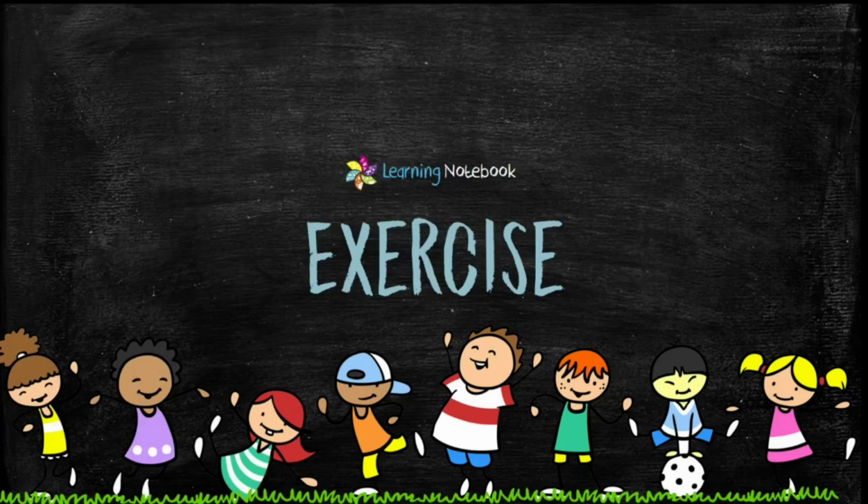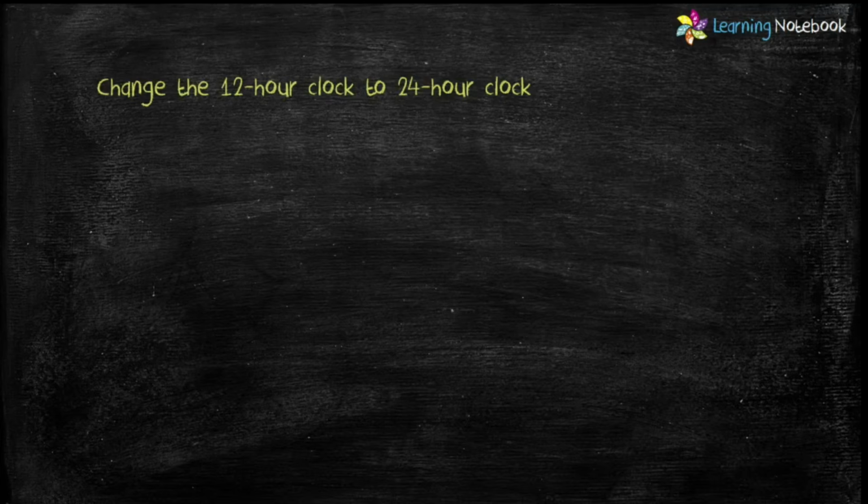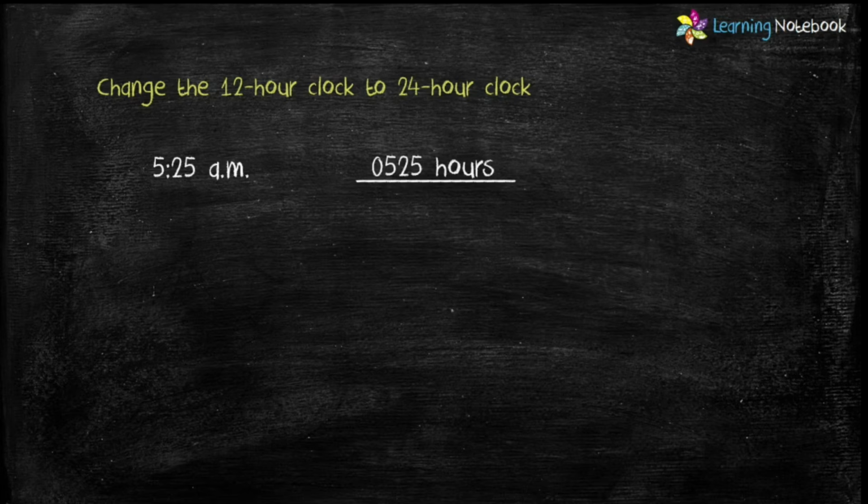Now let's do an exercise based on time. Question is, change the 12-hour clock to 24-hour clock. First is 5:25 am. In 24-hour clock, this time will be 525 hours.